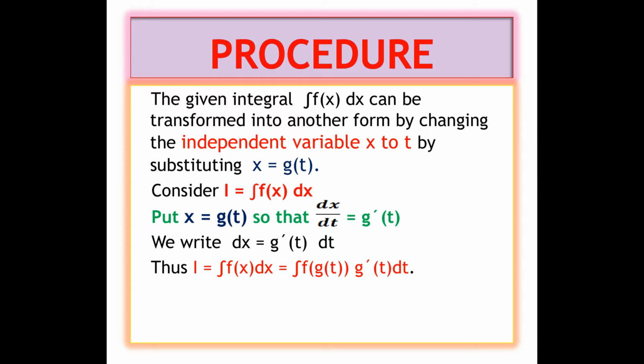Now let us consider I equals integration f(x) dx, that is, the given integral is chosen as I. Now put x equals g(t), so that dx/dt is equal to g'(t). You have to remember, we take a function of x as a function of t, so that dx/dt is equal to the derivative of that function of the variable t.